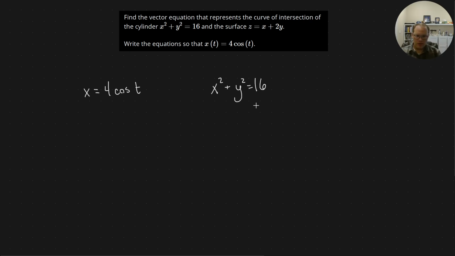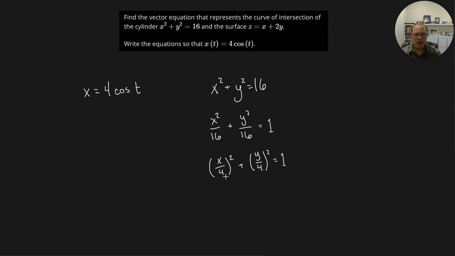If I divide by 16 to kind of turn this into 1 on this side, I get x squared over 16 plus y squared over 16 equals 1. Or if I think about it, x over 4 squared plus y over 4 squared equals 1.